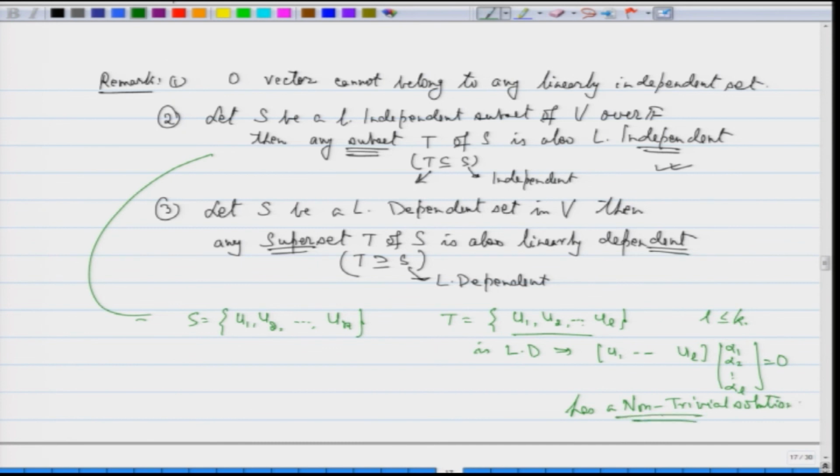Is that okay? So, you have a non-trivial solution here, linear dependence will imply that. So, if I look at here, I have the same thing here U1, U2, UL, UL plus 1 till UK. Again I can patch up here with alpha 1 to alpha L and then zeros here, fine. So, if I look at this, has a solution which is non-trivial will imply that this will also have a non-trivial solution, because alpha 1 to alpha L are the same, U1 to UL are the same, fine. So, this will also have a non-trivial solution, and therefore, there will be a contradiction, fine.